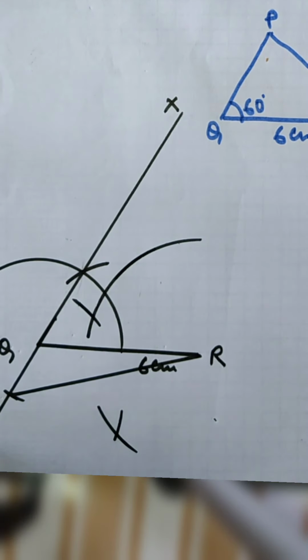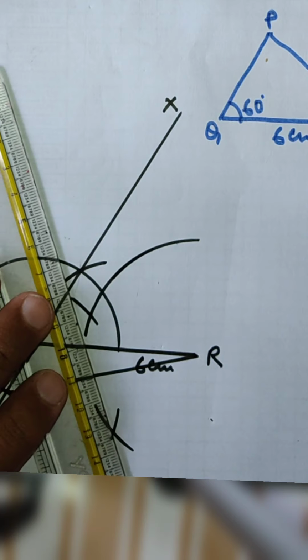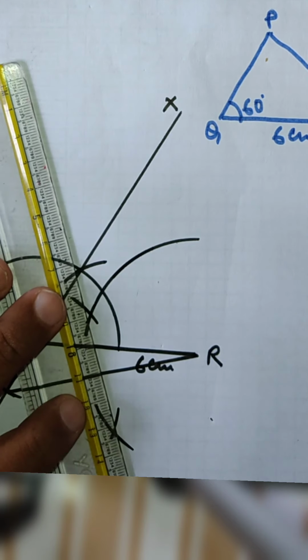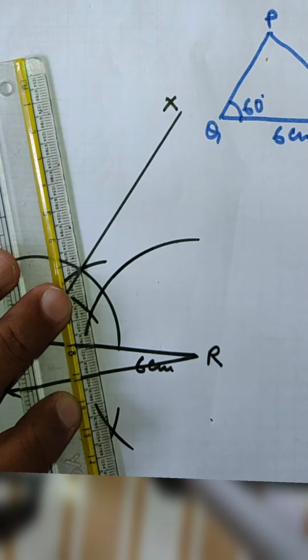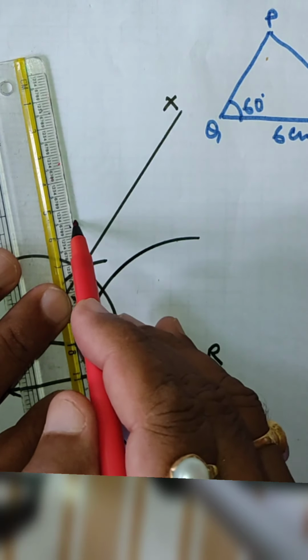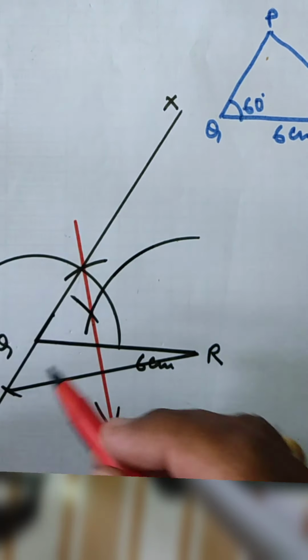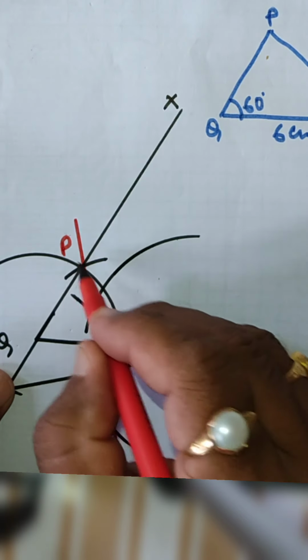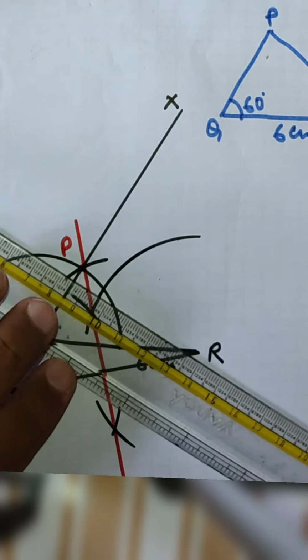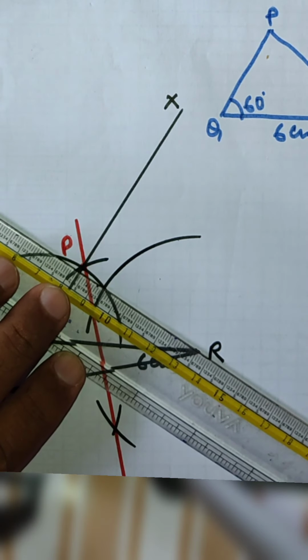Now with the help of red sketch pen I will draw the bisector line which intersects QX at the point P. Now join PR.